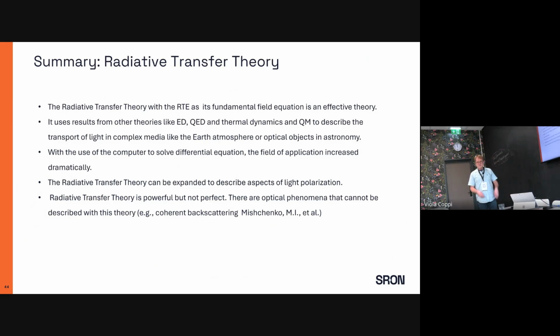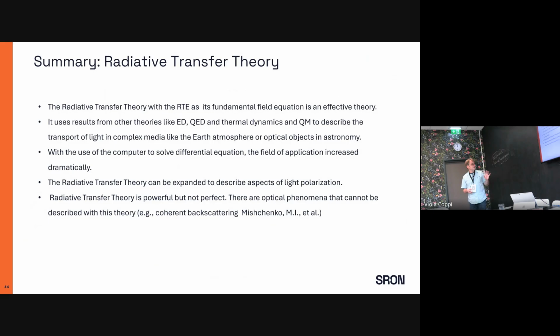What I want to say is that this theory got really a push with the advance of modern computers, because you have to solve the scattering equation on a computer in a numerical way. Yeah? And that's what we do. You can even expand the theory to describe polarization. Then you have to look at not only the radiance, but other quantities, parameters called I, Q, U and V. And if you talk about an instrument like SRON, then you have to do that.